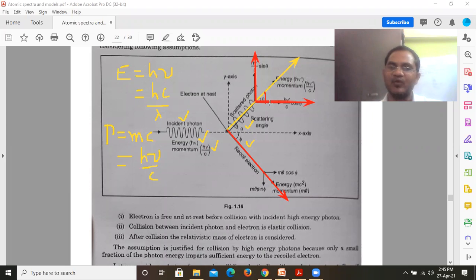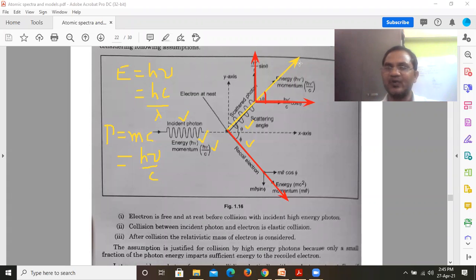Here the momentum changes, energy changes, frequency changes, and obviously wavelength changes. But what happened in this elastic collision? In the elastic collision, incident photon energy is transferred to the free electron. Therefore, its energy decreases.